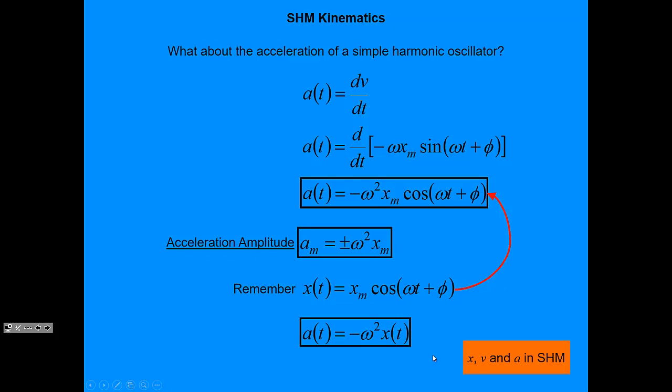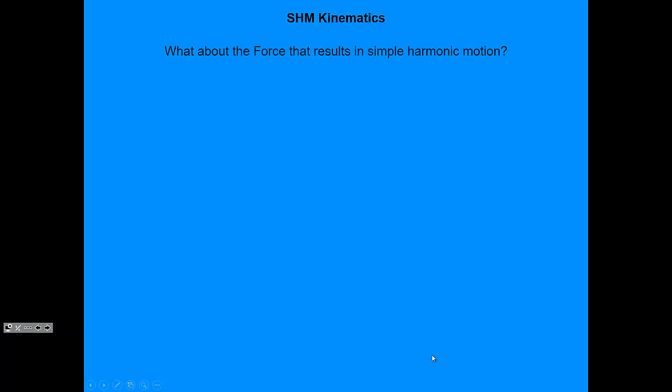All right? Now, if that's the position, velocity, and now acceleration function, what about the force that results in simple harmonic motion? Well, we know according to Newton's second law that net force is mass times acceleration. And we now know that the acceleration of a simple harmonic oscillator is negative omega squared x of t, where x sub t is x sub m cosine of omega t plus phi.